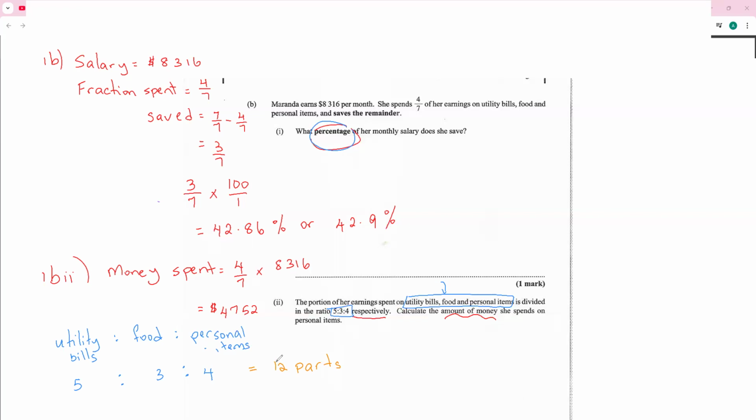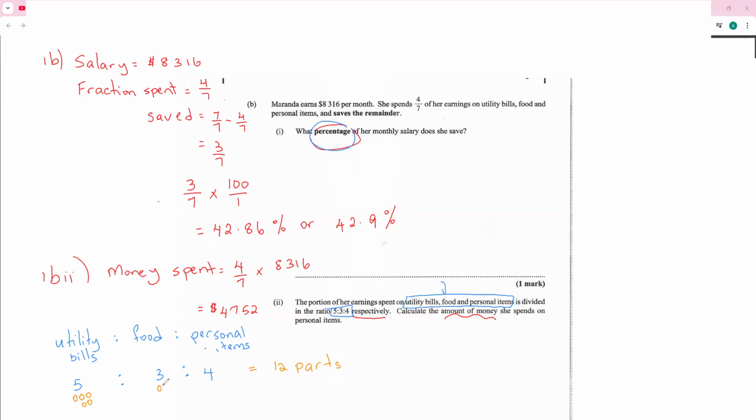We just don't know it until we can get some information to help us. So what this is saying is that the utility bills were allocated 5 of those equal amounts of money.